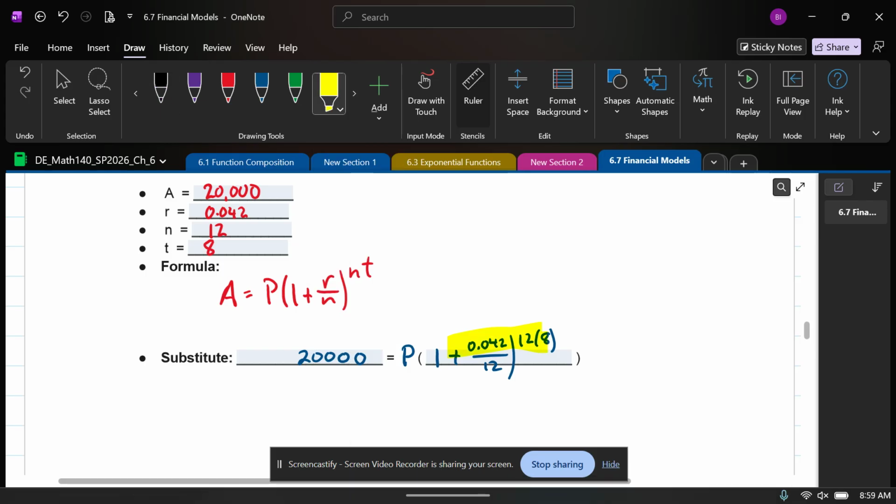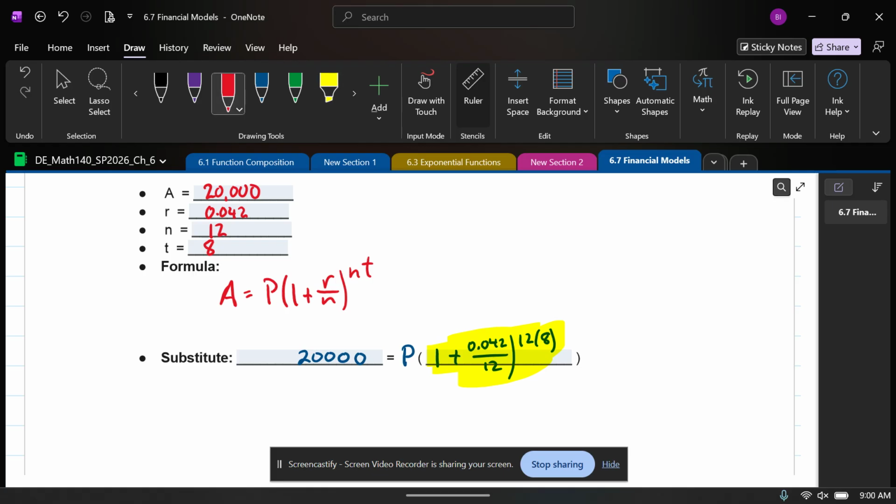What is this thing over here? What is that? Is it a variable or is it a number? All of this stuff I highlighted. What is that? Is that a variable or a number? Number. It's just a number, okay? So our variable is P times that number. So all we got to do is divide by that ugly number right there to get that to work out.